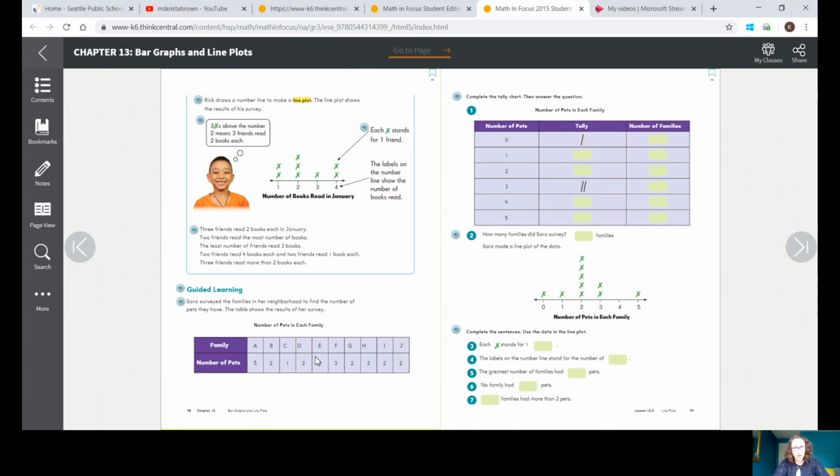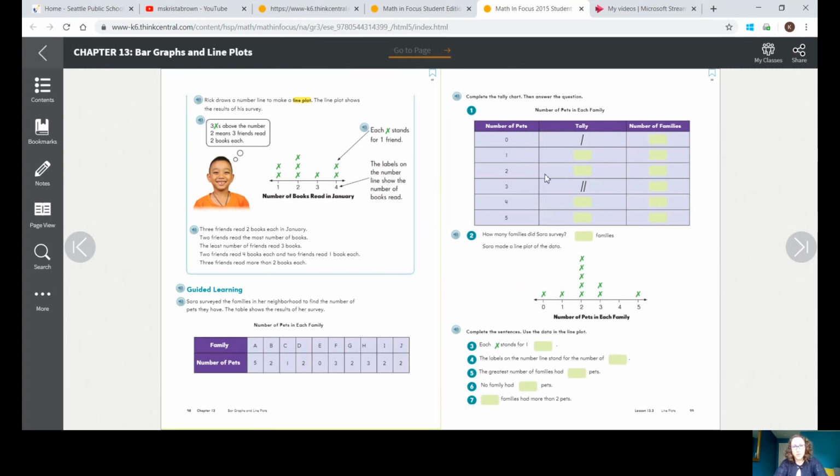I just see that 1. So, yep, there's 1 tally. You would write down one family. Then number of pets, 1. Go back over here. How many families just have one pet? Looks like just family C. So there would be another 1 tally mark, and then the number 1.